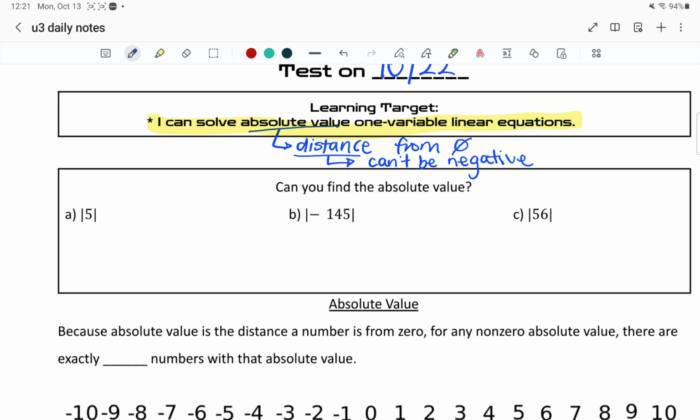So absolute value is, you always make it positive. The absolute value of 5 means 5 is 5 steps from 0. Negative 145 is 145 steps from 0. 56 is 56 steps from 0.